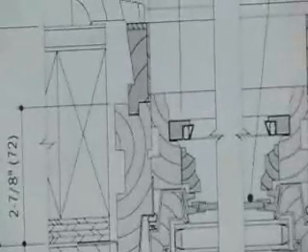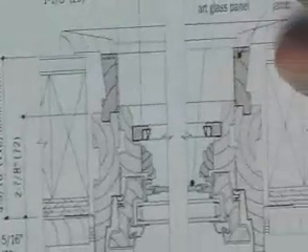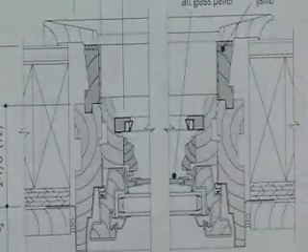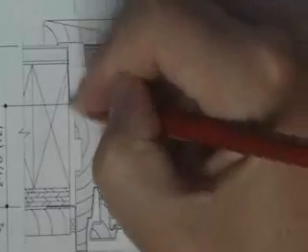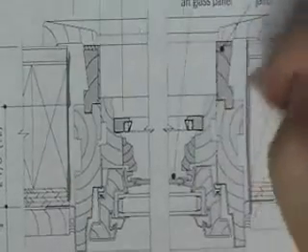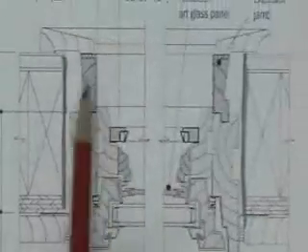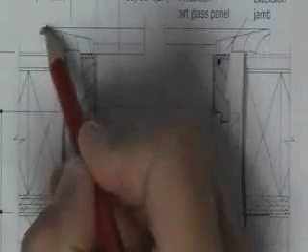I'm going to zoom in on just one side. Well, maybe I can get both in. Okay, here's the rough opening of our window, and I'll darken it in a little bit right here. There's the rough opening. So you can see that we have trim right here.